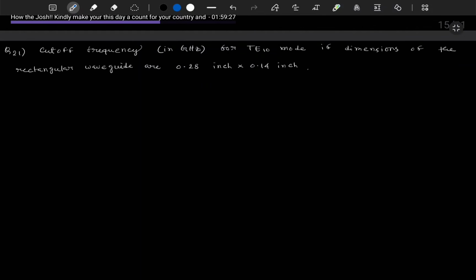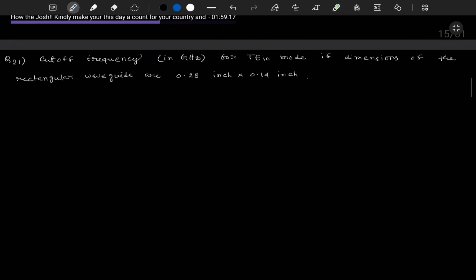Now, cutoff frequency in gigahertz. TE10 mode, if the dimensions of the rectangular waveguide are this and this.